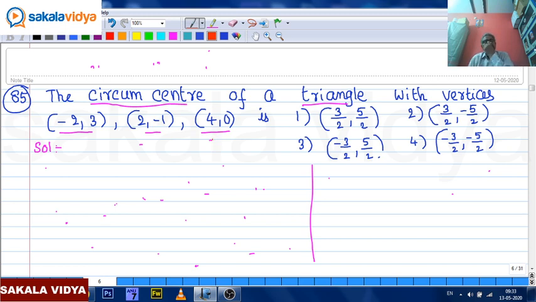So, better this can be done like this. First, let us find the perpendicular bisector of the line joining these 2 points.